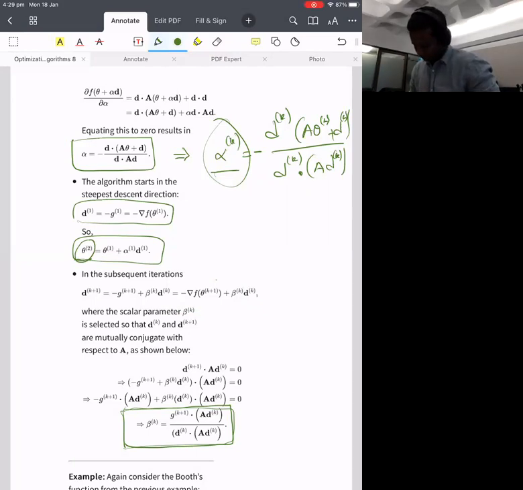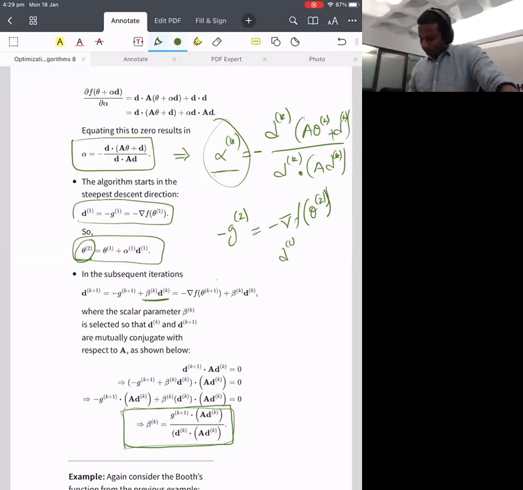From that, you can compute g2, the gradient, that is minus. And we already have d1, so we need to compute beta k, that is computed from here.